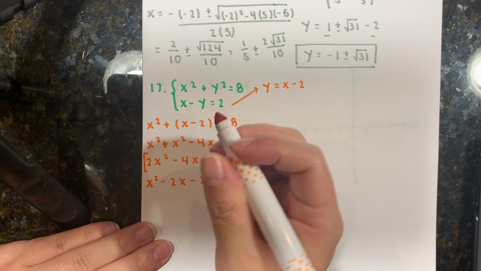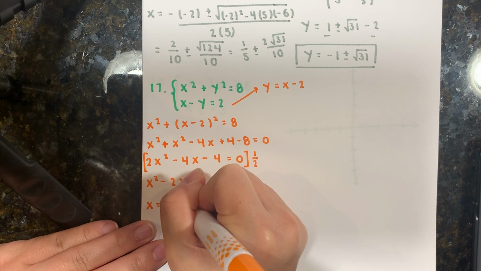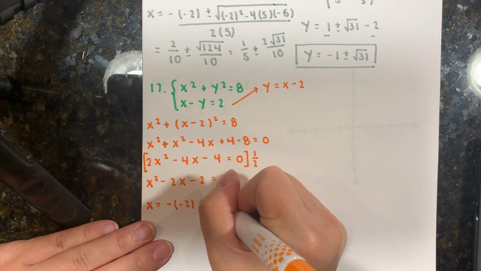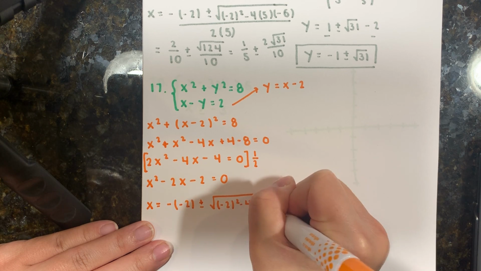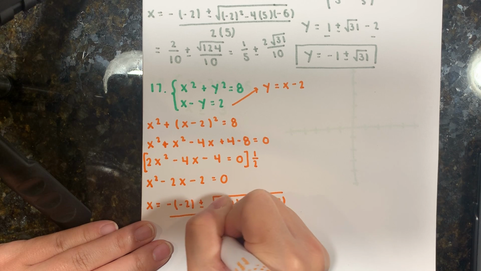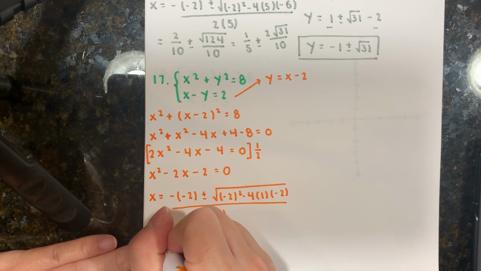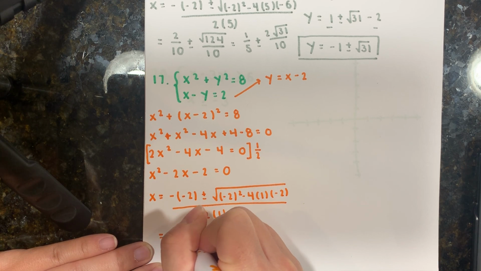Now I'm going to do quadratic formula to solve for x. So I have x equals negative b plus or minus the square root of b squared minus 4 times a times c, all over 2 times a. So two negatives are going to make a positive, so it would be 2 over 2.